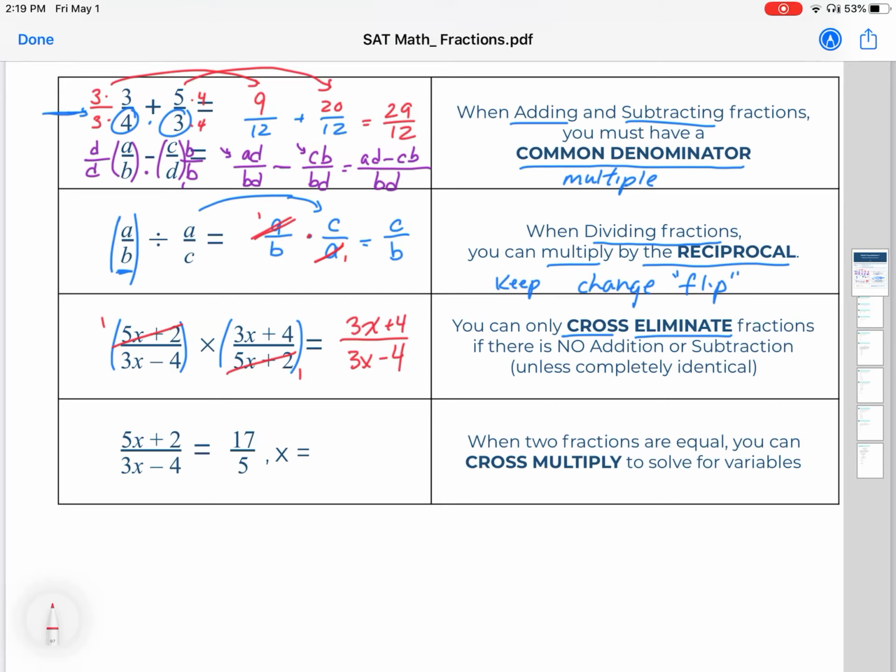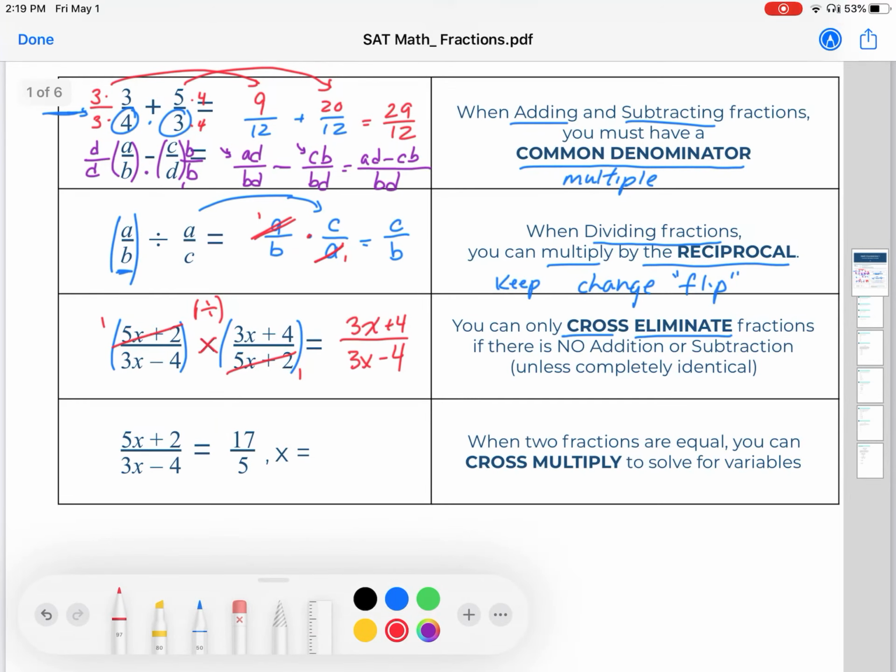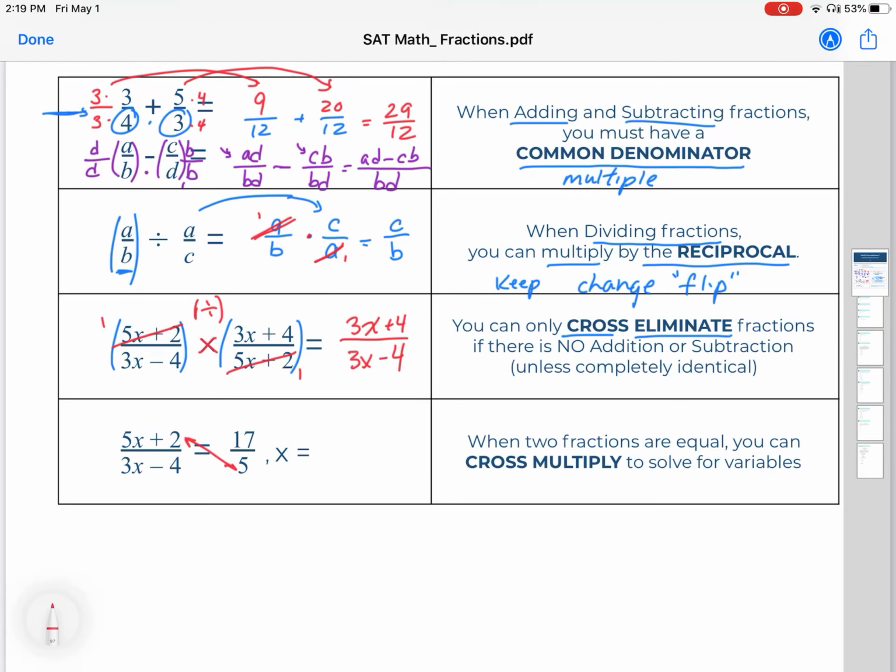Okay. And the last example here, we're probably going to need a little bit extra space, but when two fractions are equal to each other, this is different than the previous example where we're using multiplication or division. Now when we say two fractions are equal to each other, what we can do is cross multiply. So here I'm going to multiply 5 times 5x plus 2 and 17 times 3x minus 4.